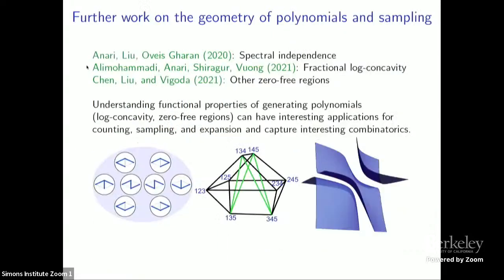Okay, so since then, there's been a lot of work. I apologize for the incomplete list, but there's been a lot of work on understanding other properties of distributions and polynomials that will have algorithmic implications for sampling like this. There's a list for those of you who are interested.